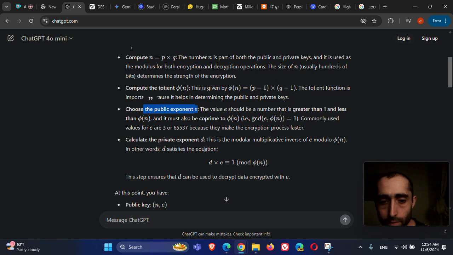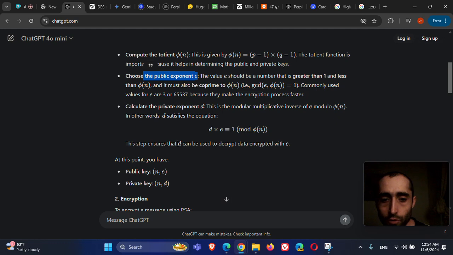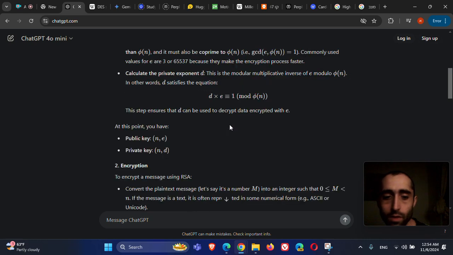This is the d we need. This step ensures that d can be used to decrypt data encrypted with e, because when we do this multiplication, it translates to 1.